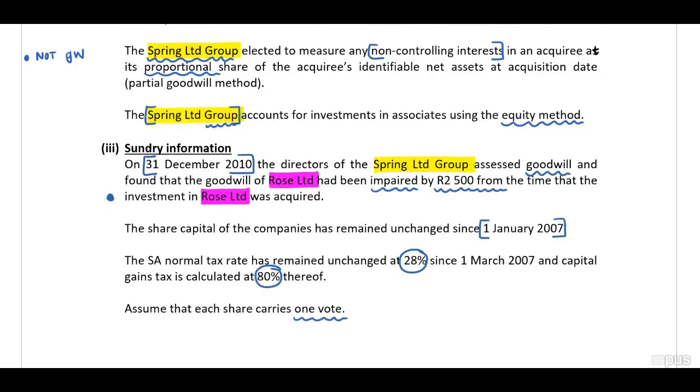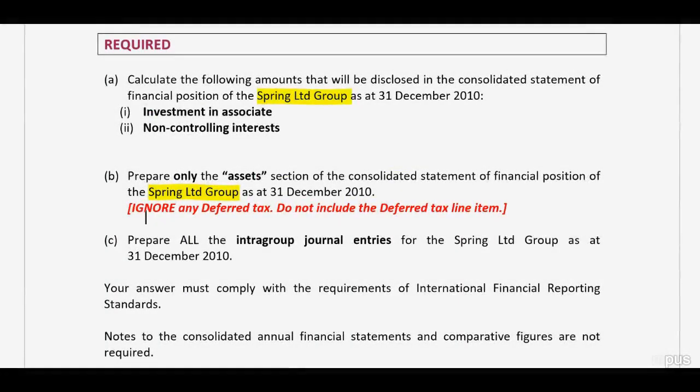Now let's look at our requirement. I'm briefly going to read through the requirement with you, then we will work through each of them in detail. A. Calculate the following amounts that will be disclosed in the consolidated statement of financial position of the Spring Limited Group as at 31 December 2010.